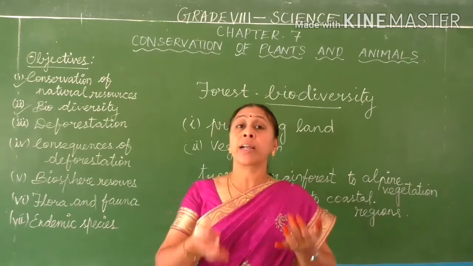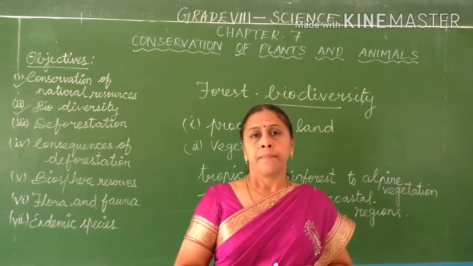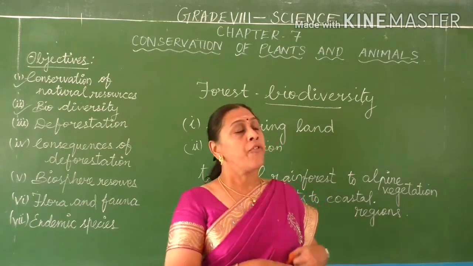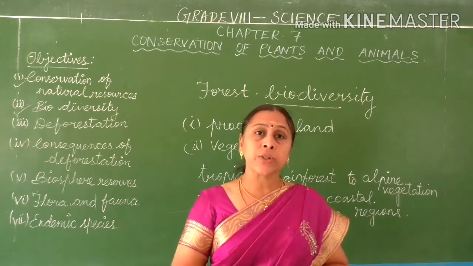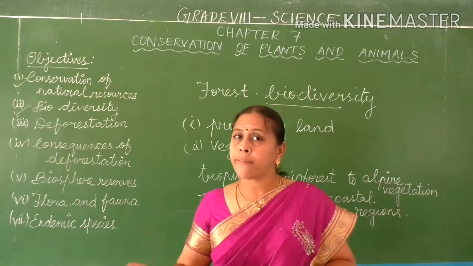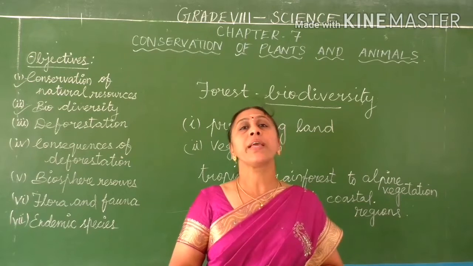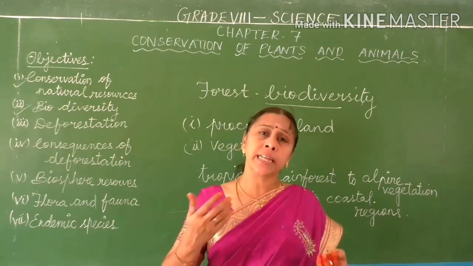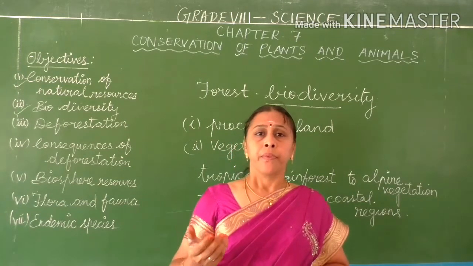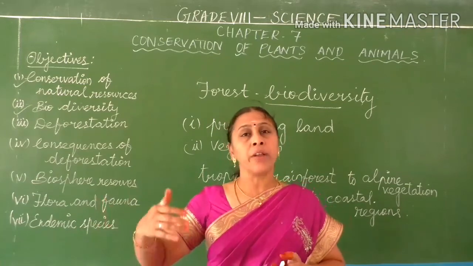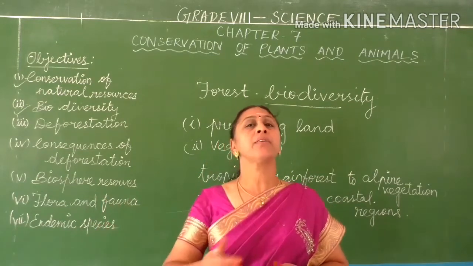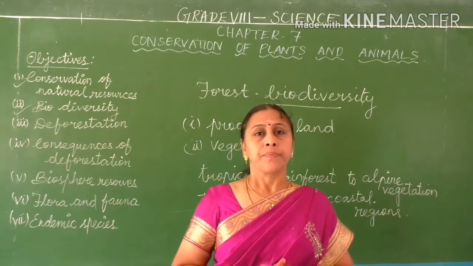We are destroying the forest for construction purposes. For construction of factories and industries, we are destroying the forest. Because of the increasing population, the needs increase day by day, and we need more land, more living habitat. For that we are destroying the forest.